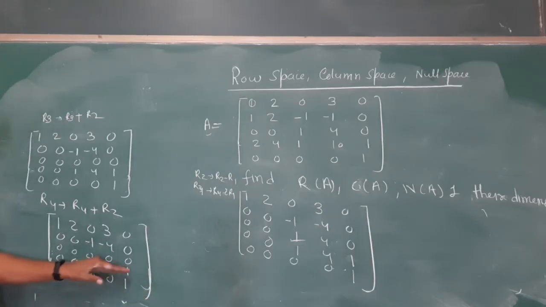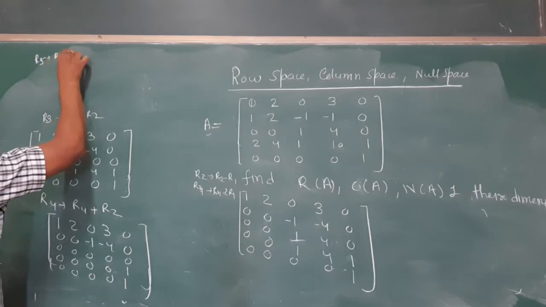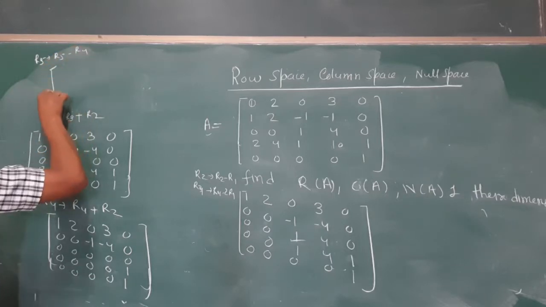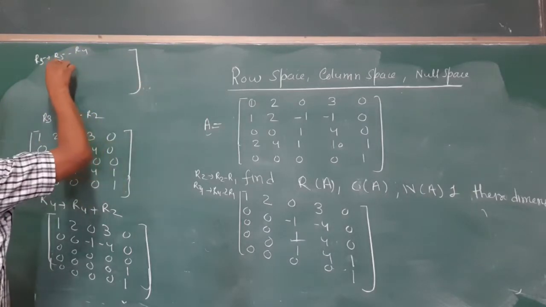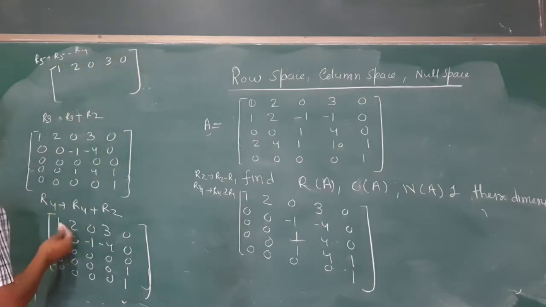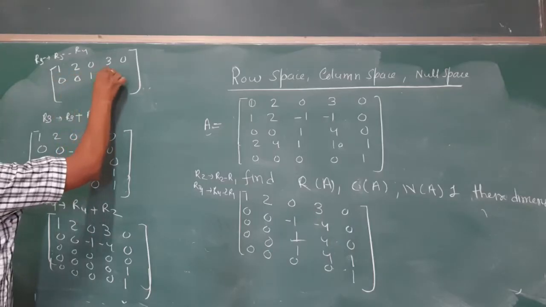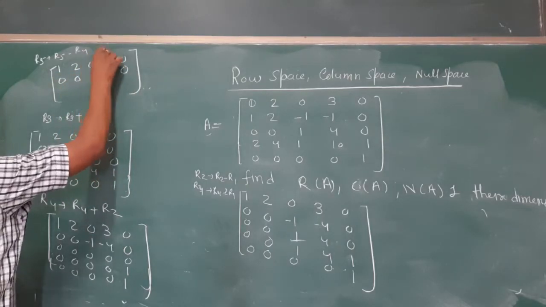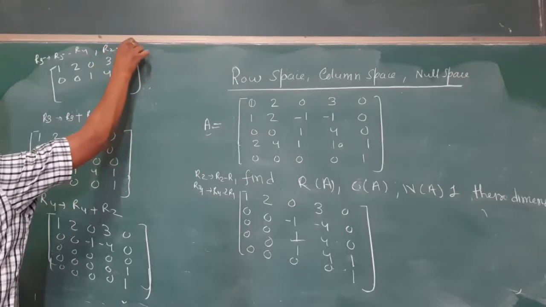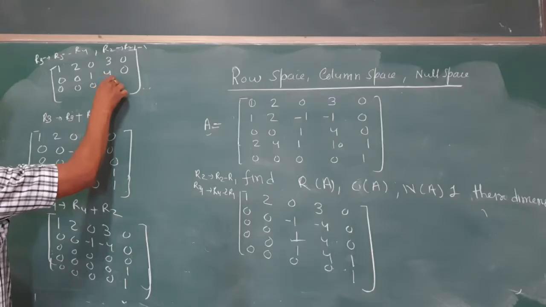Again, if you subtract, you go for R5 minus R4. So what happened? 1, 2, 0, 0; divide by minus 1, so it looks like 0, 0, 1, 4, 0. Here I divided R2 by minus 1. Then 0, 0, 0, 0, 0.